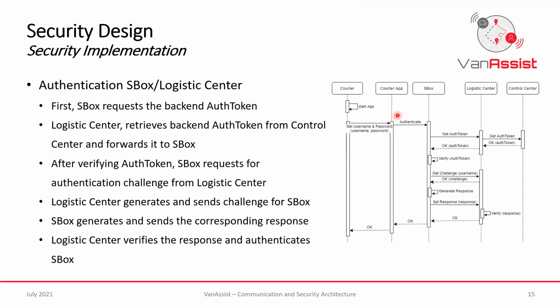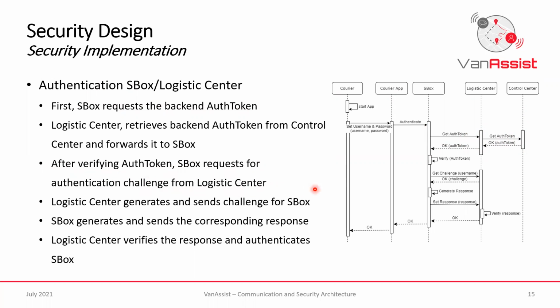When SBox receives this authentication request, first it wants to make sure that it's connecting to the right backend system, so it first requests the backend authentication token. This backend authentication token is created in the control center, forwarded to the central logistics center, and then forwarded to the SBox. The SBox verifies this authentication token.